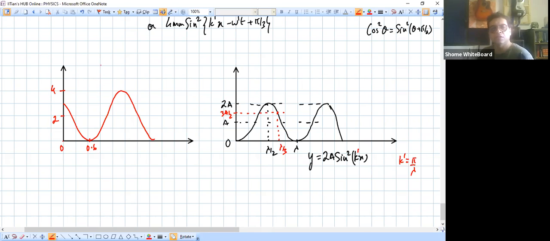So this would be a graph at t equal to 0 of the type 4 sine square kx plus some phase difference.